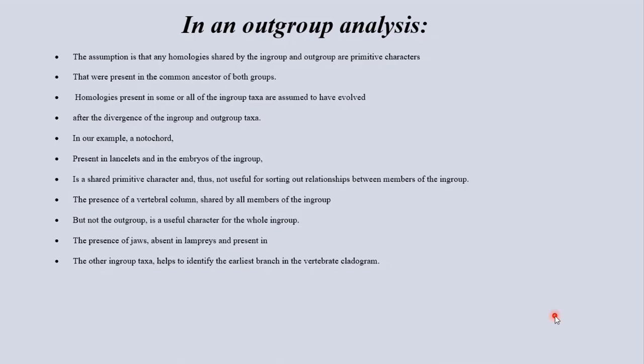So in our example that your lecturer will make here, a notochord present in all the lancelets and in the embryos of the in-group is a shared primitive character that's not useful for sorting out the relationships between the members of the in-group.